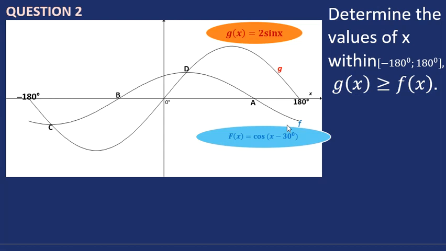Remember, this is the g of x function. So until you get to C, you can see that g of x is on top, so it's bigger. And again, from previous calculations, we know that that is negative 150 degrees.